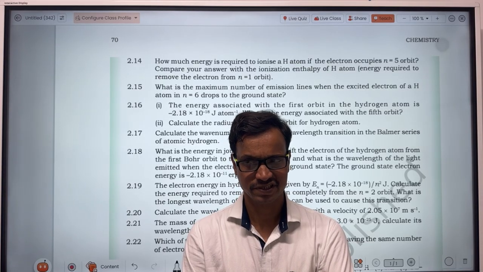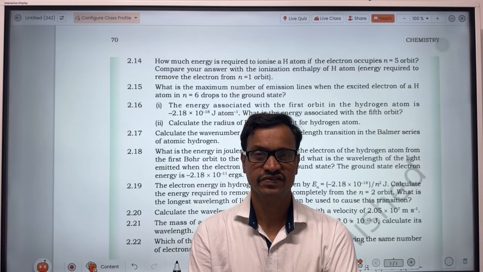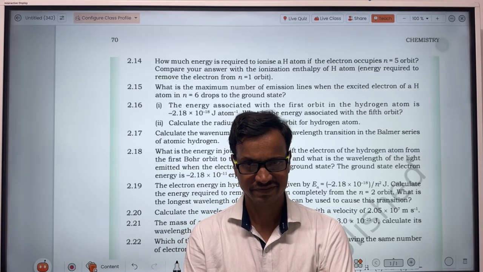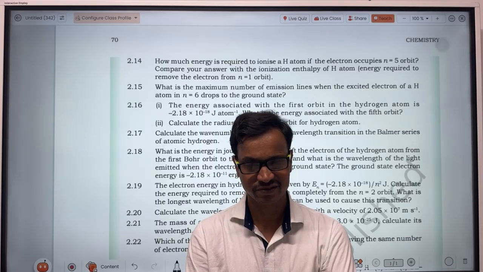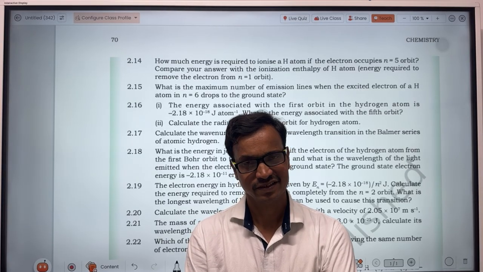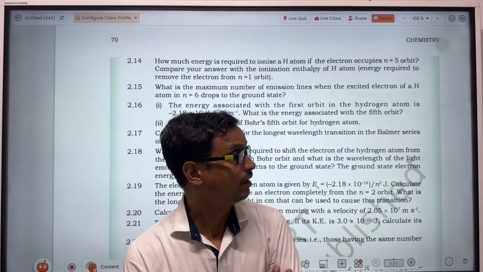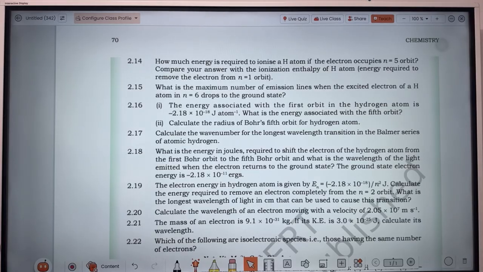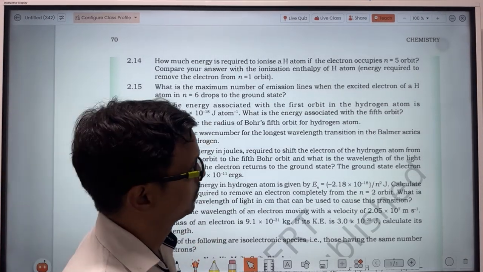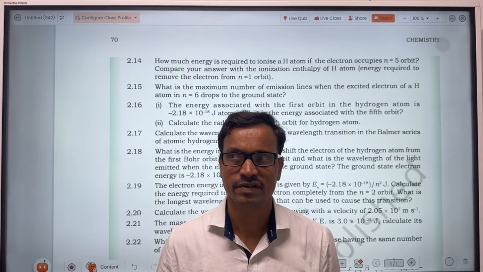We will calculate the energy when the electron is in n equal to 5, and when the electron is at infinity it will be 0. So the difference of energy will be 0 minus the energy of the electron in this case, and that will be the energy required to ionize the hydrogen atom. Then you will have to calculate the ionization enthalpy of hydrogen.